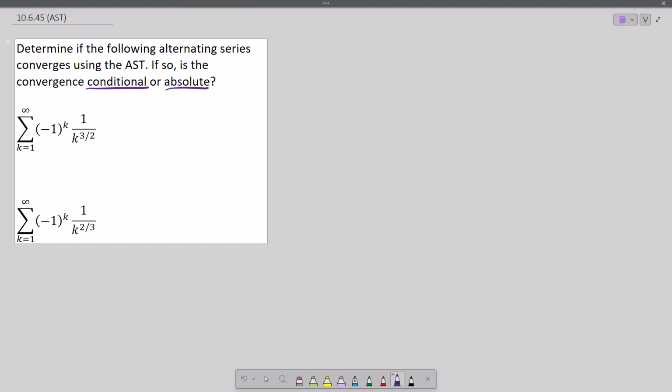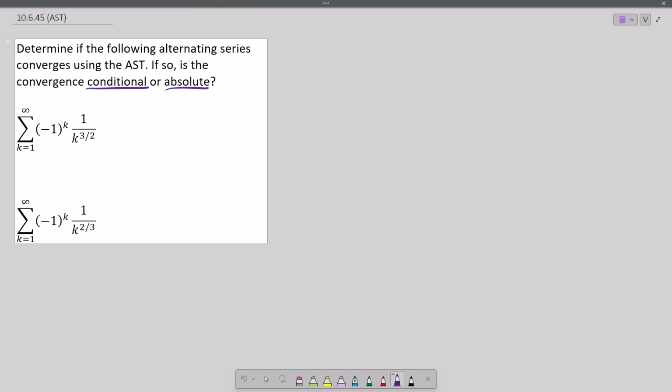That if you take away the switch, you still get convergence. Normally, when you have convergence and you have an alternating series, the minuses are helping you out. They're subtracting a little bit. But sometimes you don't need that help. Then it's absolutely convergent.